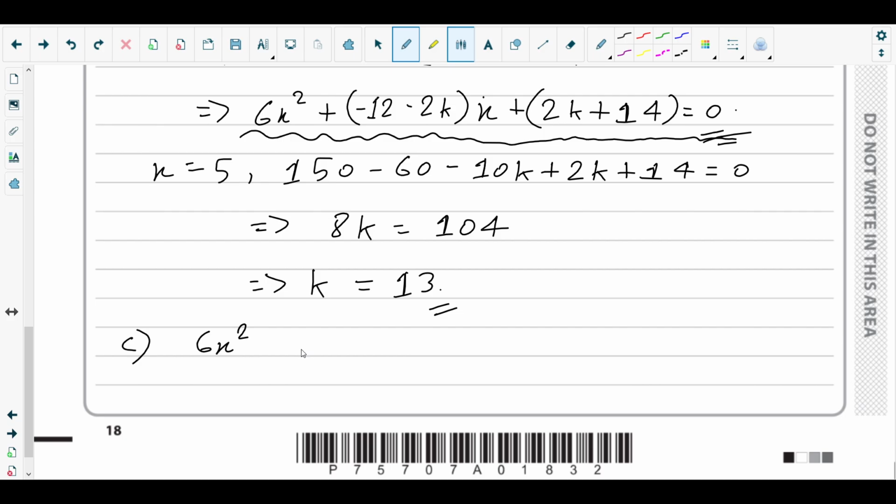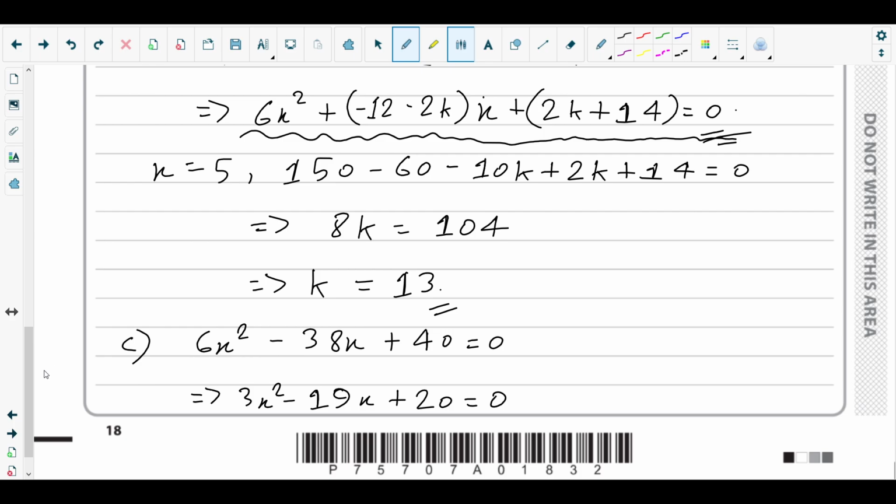So negative 26 negative 12, that is negative 38x, and 2k is 26 plus 14, that is plus 40. It is equals to what? 0. Now divide both sides by 2, you will get 3x² negative 19x plus 20 equals to what? 0.